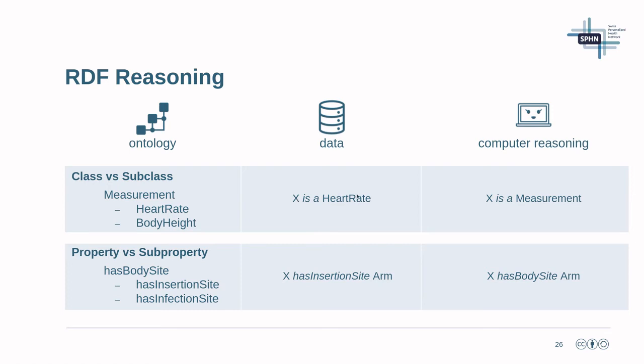Similarly, for the properties, if X has an insertion site arm, it means that X also has a body site arm. That way the computer does some reasoning, inferring knowledge based on information provided to it by the ontology and what the data is telling it.